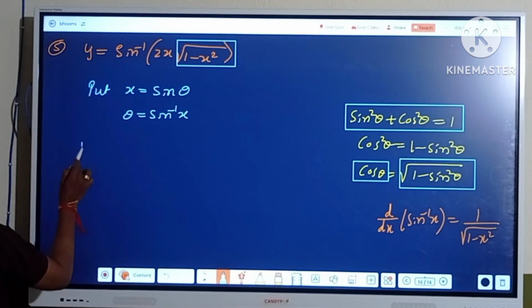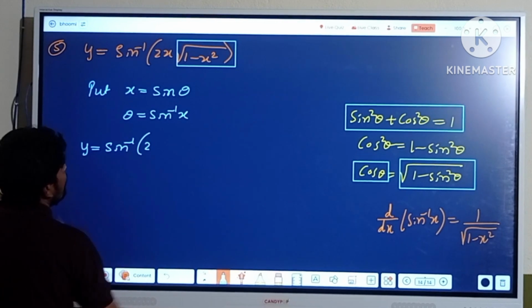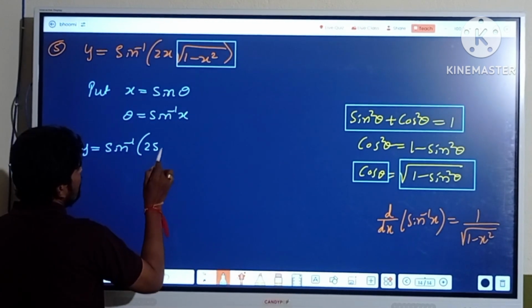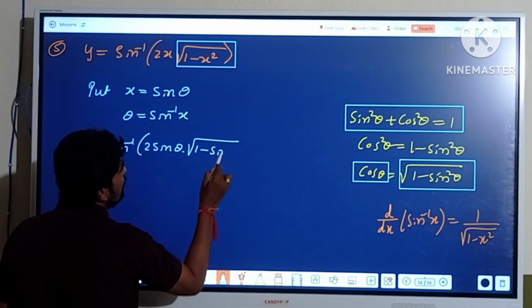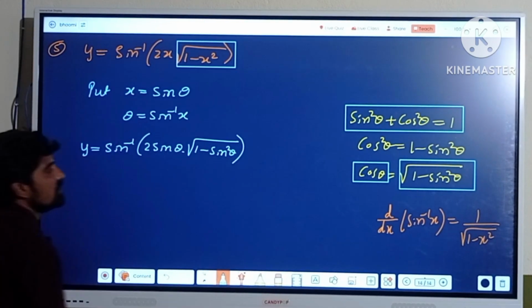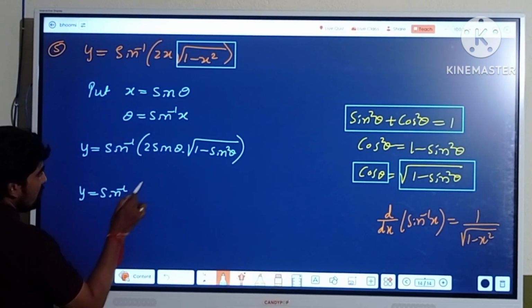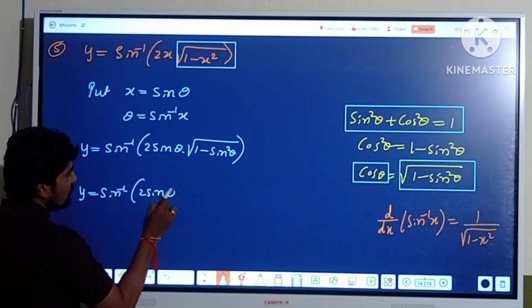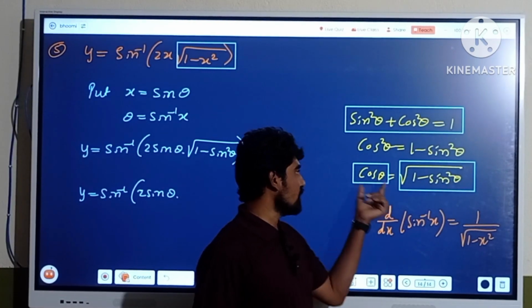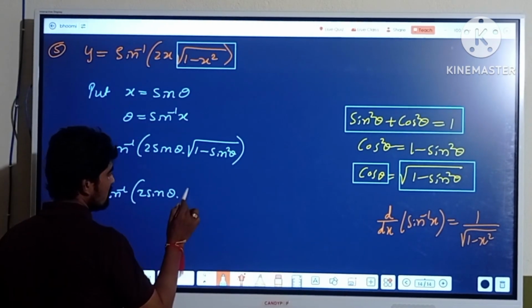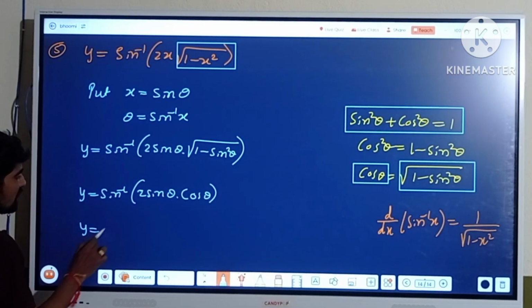So therefore y is equal to sin inverse of 2 into, what is x, sin theta, into square root of 1 minus x square, in the sense sin square theta. So now y is equal to sin inverse of 2 sin theta into square root of 1 minus sin square theta, which is equal to cos theta. So cos theta.